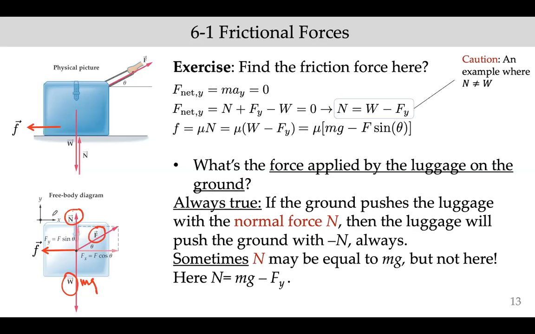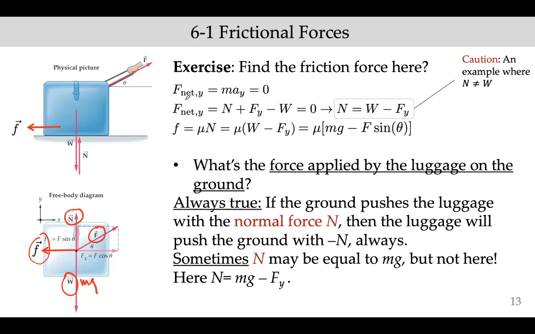But remember, when we draw the free body diagram, we are always interested in one object at a time. So the object of interest here is the luggage. There's a normal force, and because it's on the ground, there is also the friction force. How do you calculate the friction force here? Again, we're going to do F equals ma.